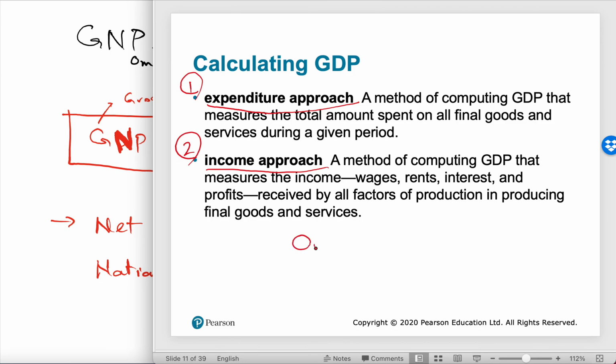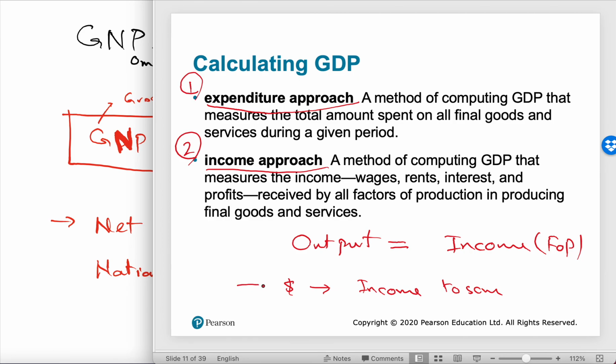So if the output is going to be the income paid to the factors of production, we may say that every dollar creating income for someone is becoming expenditure for someone else. So aggregate expenditure and aggregate income should also be equal.